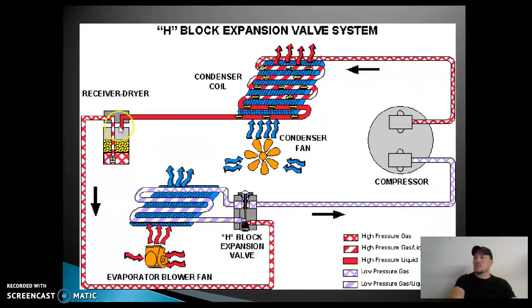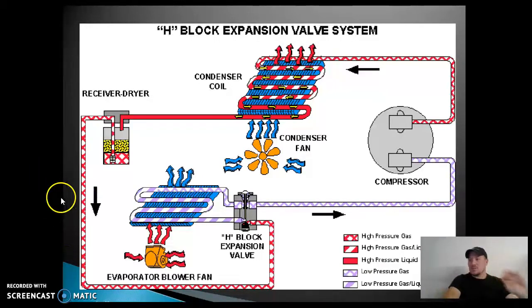So that liquid goes through a receiver dryer. This is a bunch of little desiccant balls inside of here. Desiccant absorbs moisture, water, which is a good thing, right? We don't want water in this system. Freon and water do not mix well. It causes a lot of corrosion real fast. So coming out of the receiver dryer, you've got more or less a gas liquid mixture coming out of the dryer.